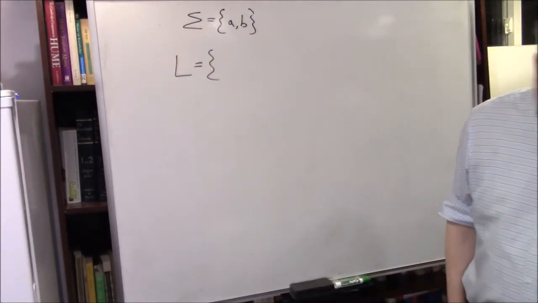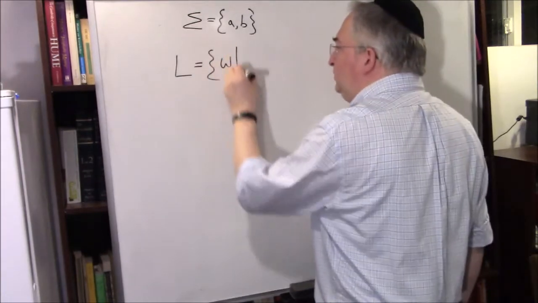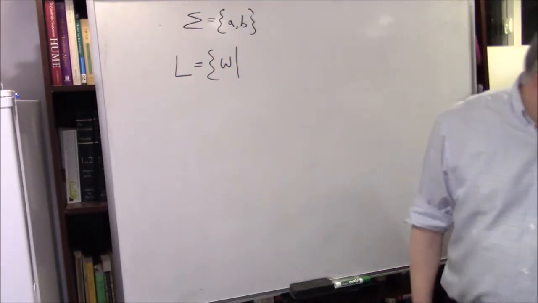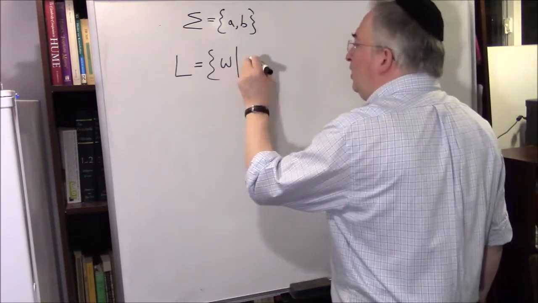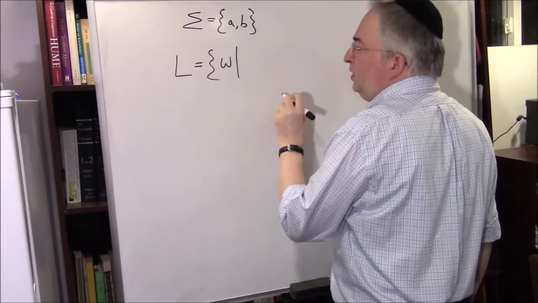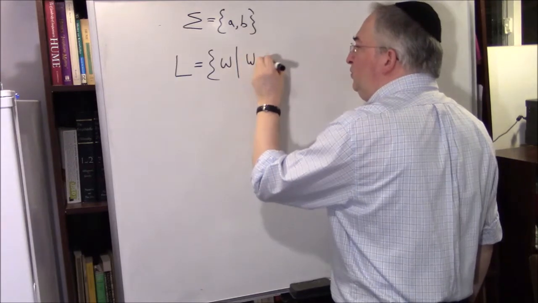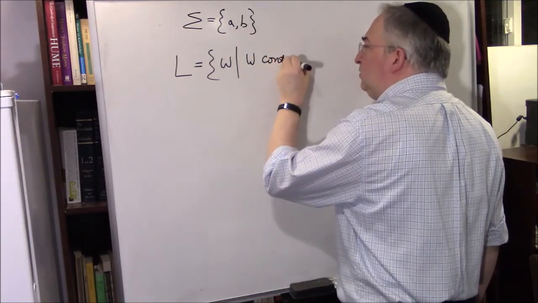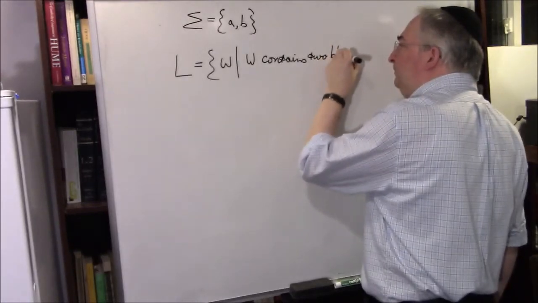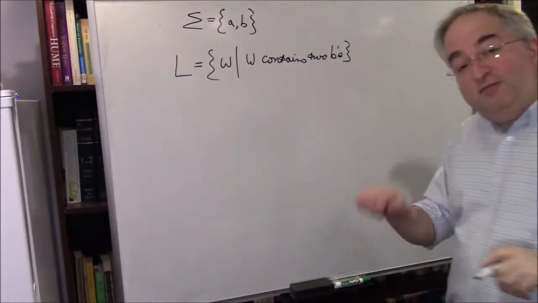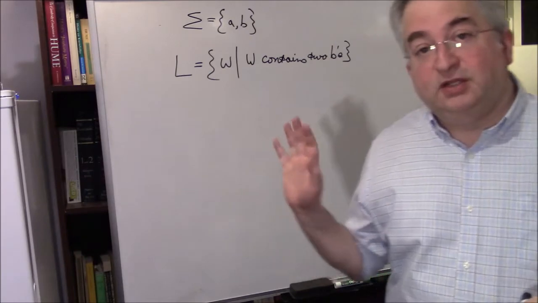Okay, so let's do this following language. The language is W such that W contains 2 B's. It could have more than 2 B's. Not dealing with that right now.